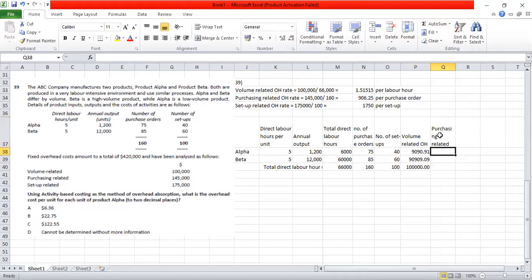Purchasing related will be number of purchase orders into rate per purchase order. After purchasing related, we have setup related. Number of setups into the rate per setup.